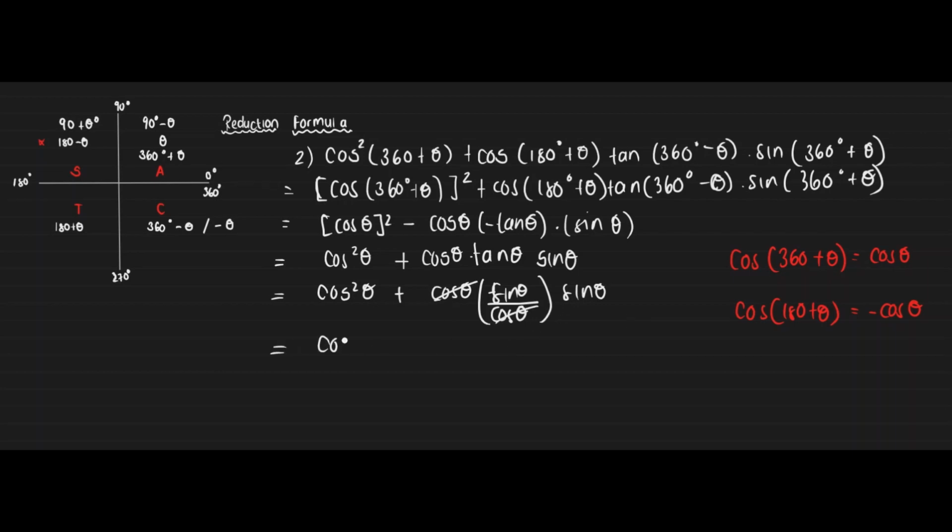So you're going to be left with cos squared theta plus sine theta and another sine theta. So this is the same as cos squared theta plus sine squared theta. Cos squared theta and sine squared theta is the same as 1. So your final answer here is positive 1.